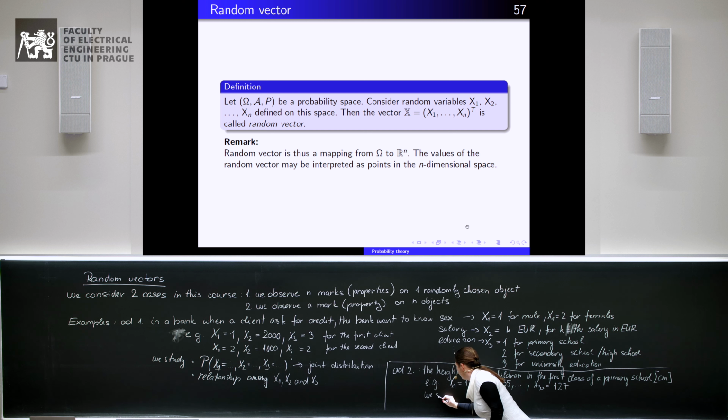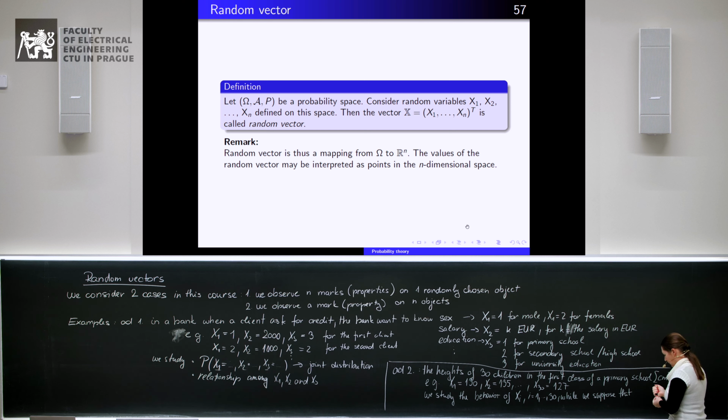So here we study the behavior of xi, while we suppose that all xi have the same distribution.